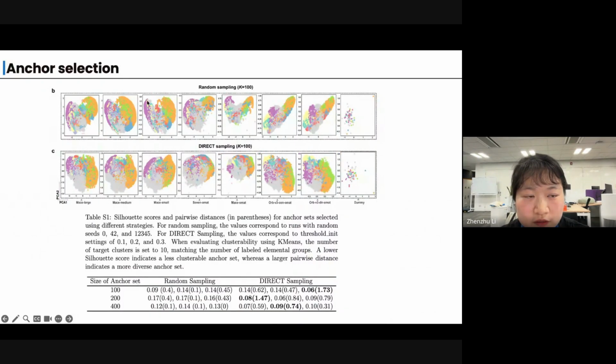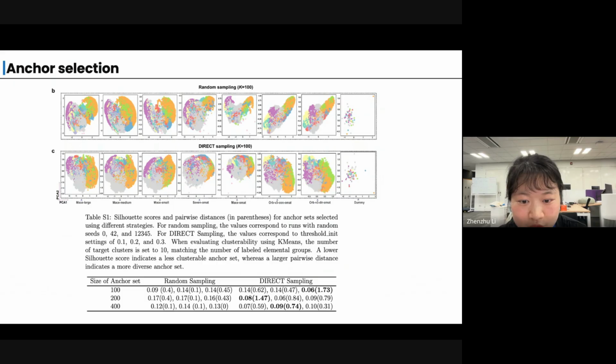Yeah, so for the methods, we try to sample the different anchors. We compared random sampling and direct sampling. There are also other sampling methods like furthest point, but here we only compared these two. We couldn't judge the clustering or the quality of the representation based on appearance, so we use k-means to check the clusterability and also the Calinski-Harabasz score to check if the points are far away from each other or not.